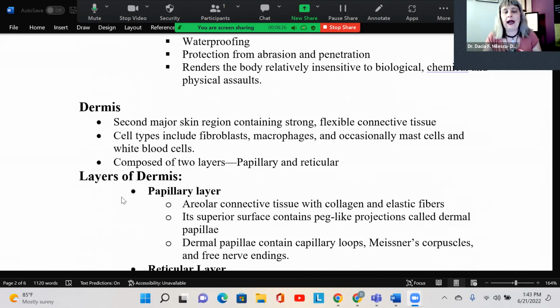It has fibroblasts, which are the star-shaped cells involved in wound healing. Macrophages, which we already mentioned, are able to phagocytize pathogens. Mast cells are involved in releasing histamine and allergies, and then the white blood cells.